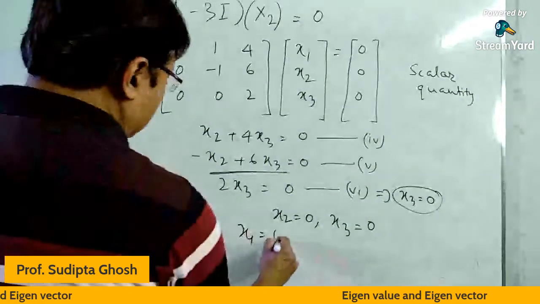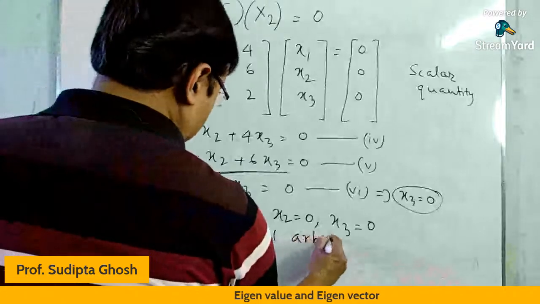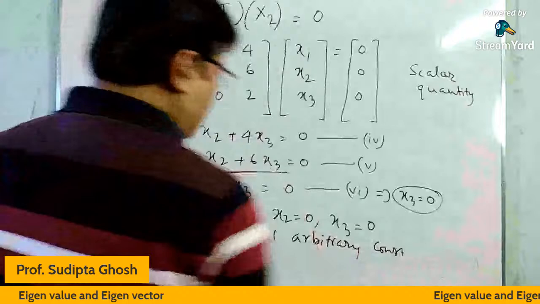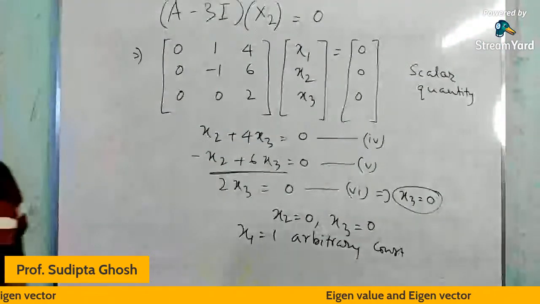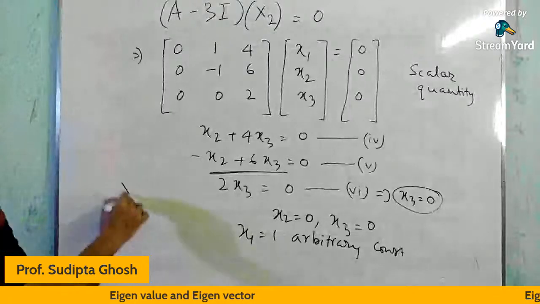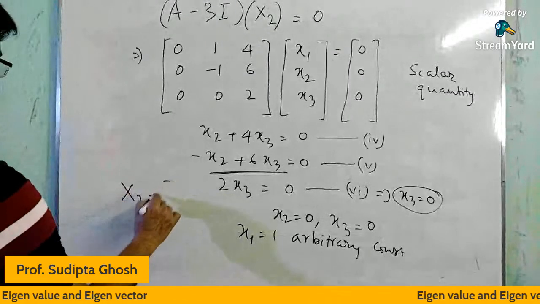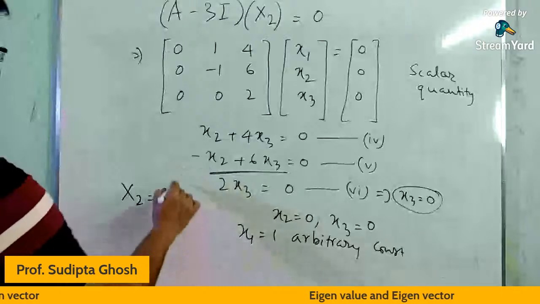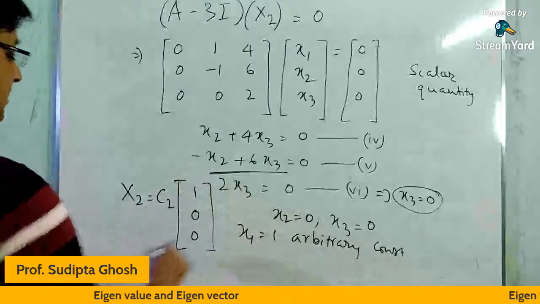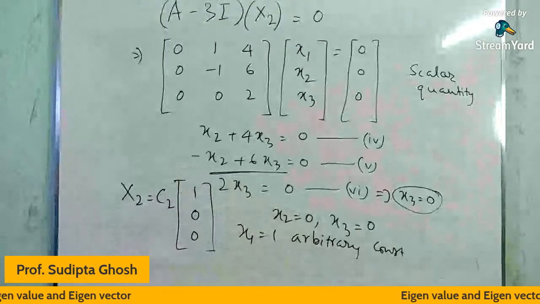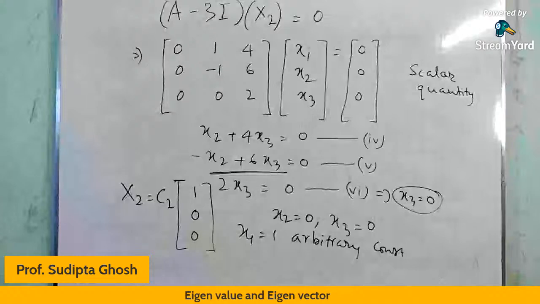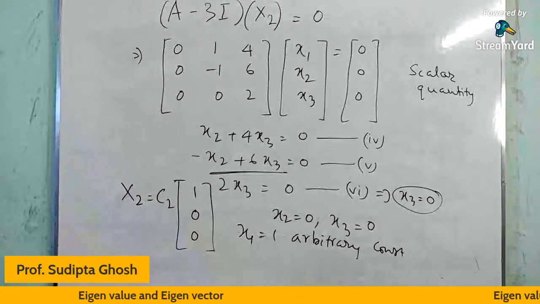This is an arbitrary constant, because we have not found the value of x1 from this matrix manipulation. So our X2 vector will be some constant c2 times 1, 0, 0. Again c2 is a scalar quantity. So we have found the second eigenvector, X2.